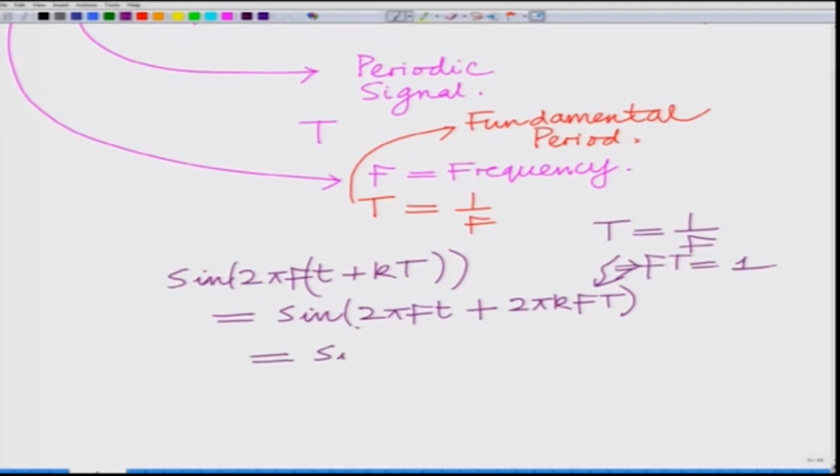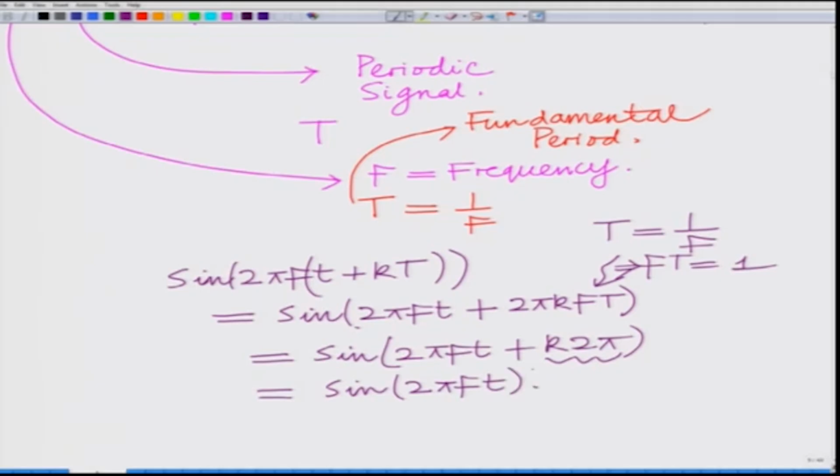So, this is sine of 2 pi f t plus k times 2 pi, and sine of x plus k times 2 pi is simply sine of x. So, this is sine of 2 pi f t.